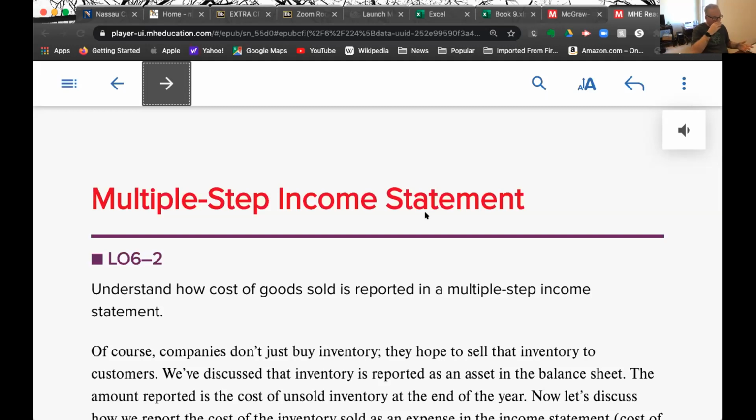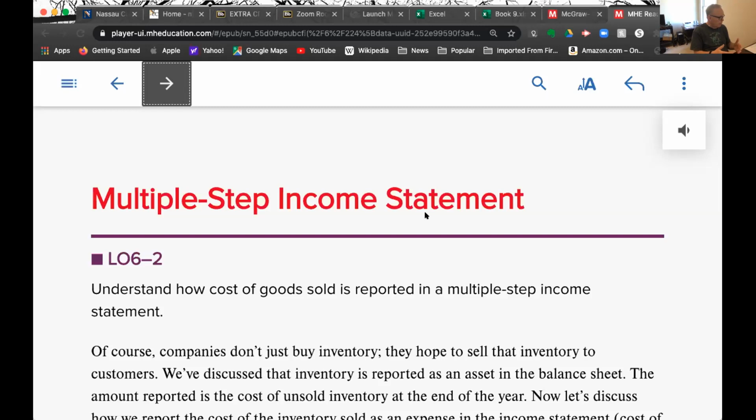Now, why do we do this? Well, we're trying to make the income statement, like all the financial statements, more useful to the people that use it. So those subtotals don't exist just to cause problems for you. Those subtotals are there because they aid in analysis of the income statement.